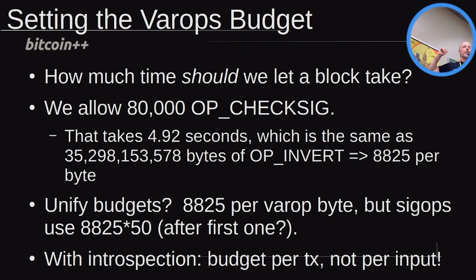If we have more advanced introspection opcodes, certainly, then the budget should be per transaction, because a script can ask about the other inputs or the other outputs. And it's not your fault if you're a small script. What you care about is the size of the transaction. So the budget actually depends on your total transaction size, not your individual witness weight, which is a change from the way that the SIGOPS budget works.